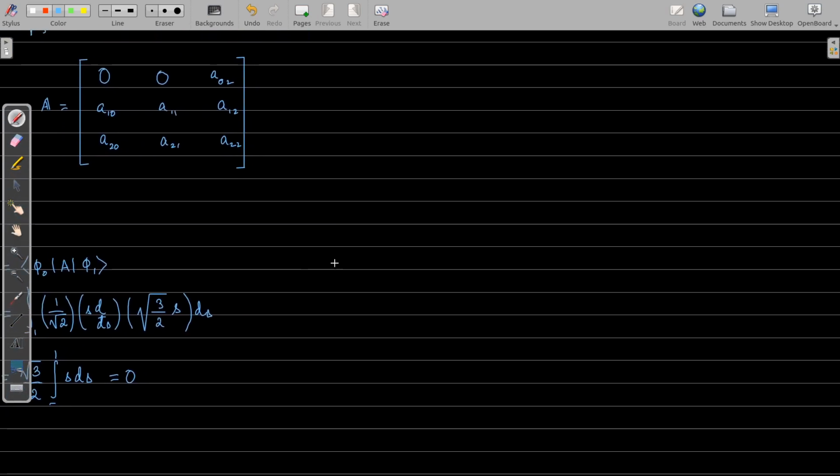Okay, next a02. Let's find out a02. This will be equal to phi 0 a phi 2. Same way as before, we'll have integration from -1 to +1. Phi 0 is 1 by root 2, s into d by ds, and then we have phi 2.